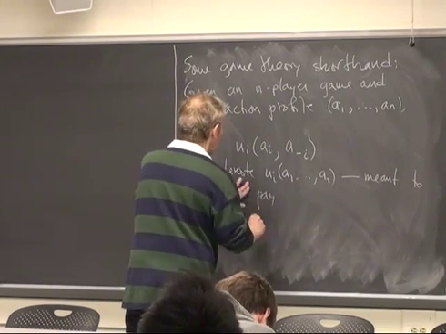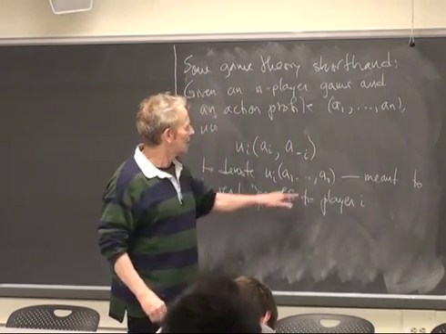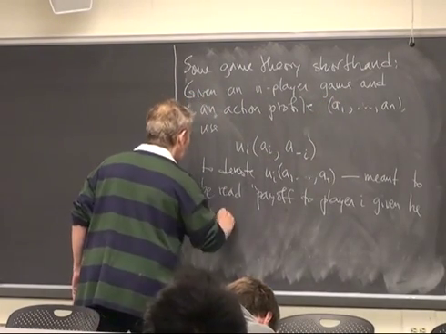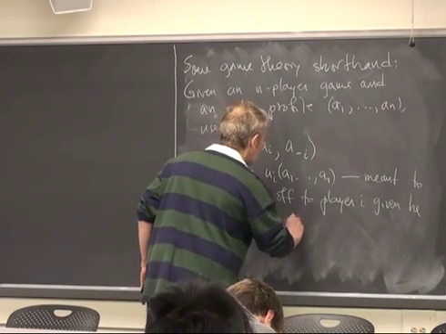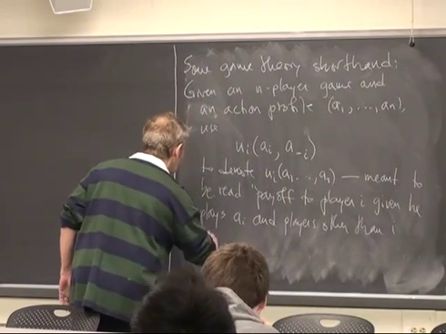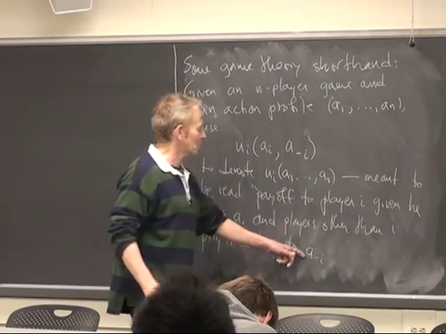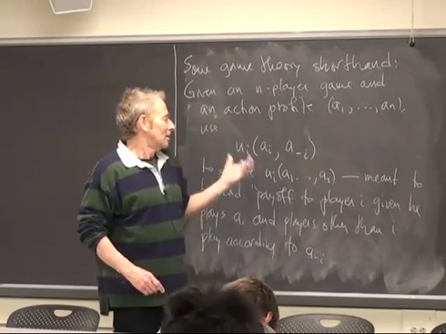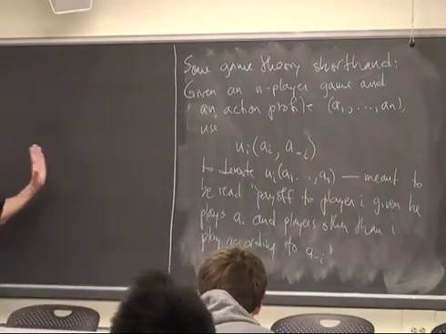Quote, the payoff to player I, given that he plays AI, and the non-I players, the players other than I, play according to A sub minus I, which is shorthand for all the things in A1 through AN that aren't AI. Okay? So that's just game theory shorthand.